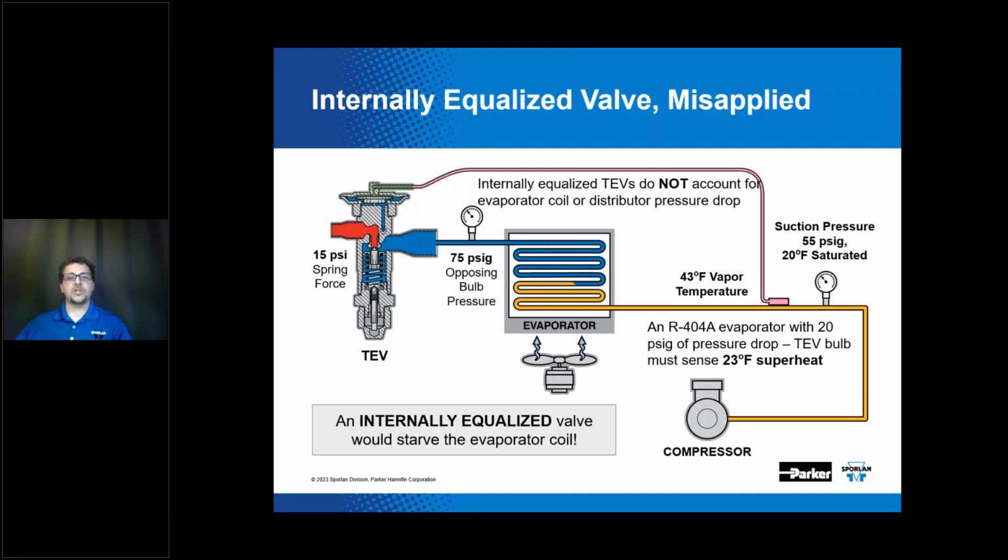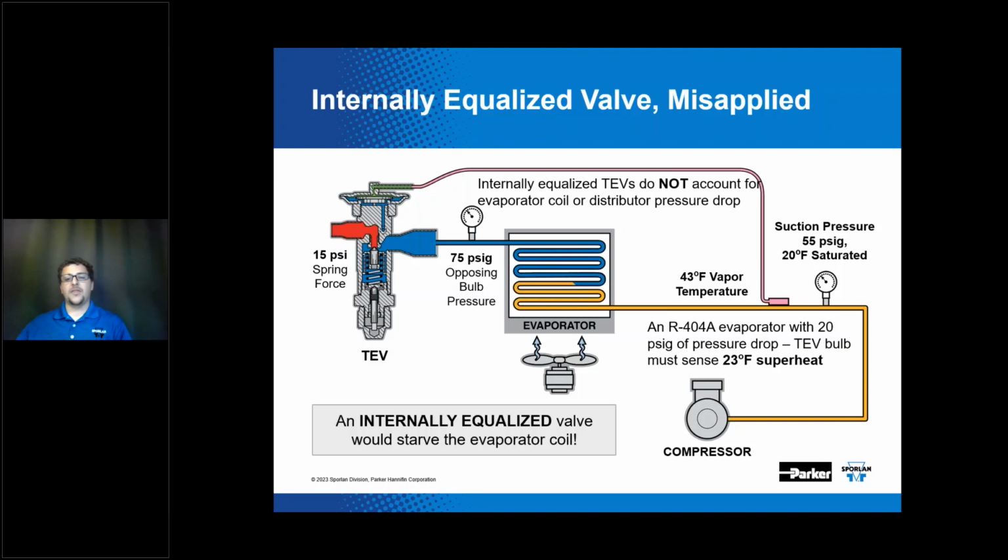So in this example, we've got a 55-pound suction pressure R404A system, and we said we've got 20 pounds of pressure drop through the coil in this example. So if you look at the top left of the slide, our pressure at the inlet of the evaporator is 75 pounds, and that is the pressure that an internally equalized valve is sensing on the underside of the diaphragm, because it's going up through that internal passageway that we talked about on the previous slide.